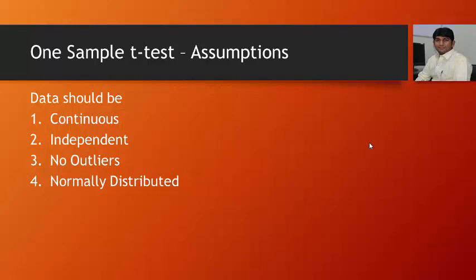The third is that there must be no significant outliers. Number 4, there must be no abnormality; the data must be normal. After meeting these 4 assumptions, you can go for your one sample t-test.